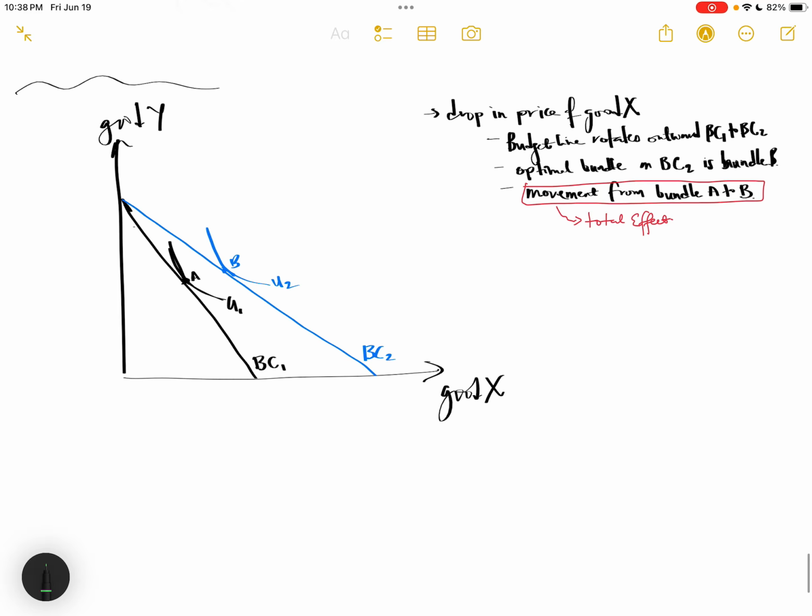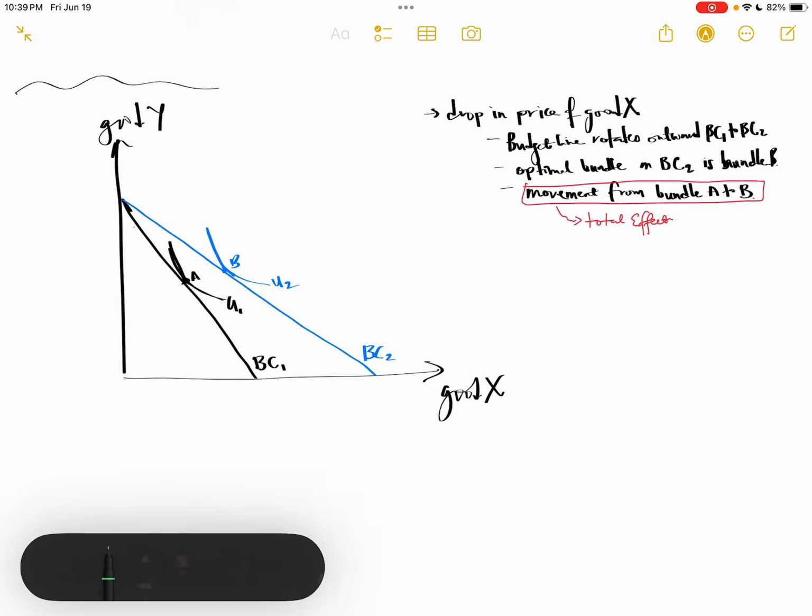Okay, so we are back to the graph. We are going to manufacture a new budget constraint. We'll call it BC star star. We will draw that new budget constraint such that it is parallel to BC2 but tangent to U1.